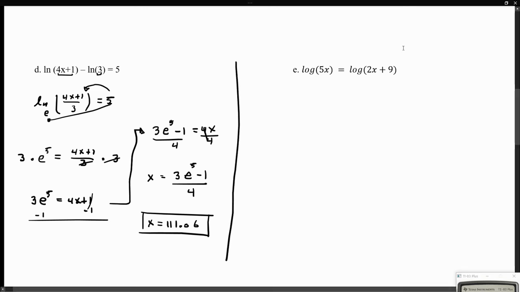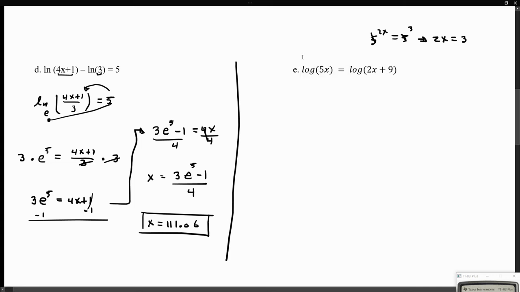Because just like when we were looking at the same base formula, if I have 5 to the 2x equals 5 to the third, I can just eliminate the bases and have the exponents be equal to each other. That same property still holds true for logs.